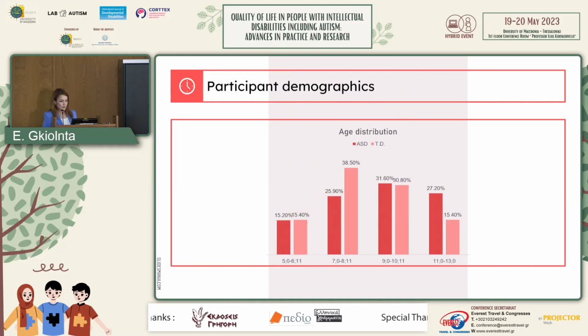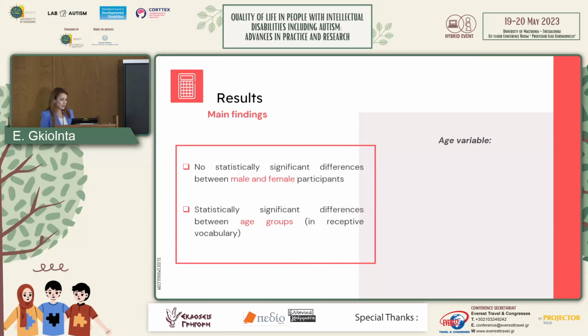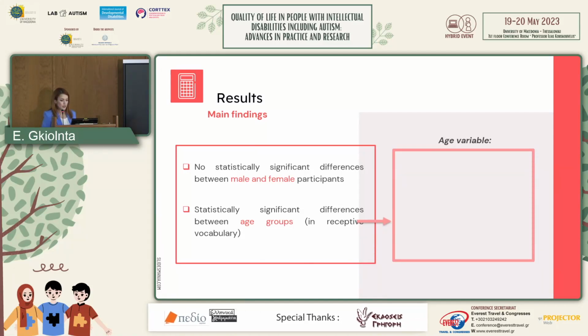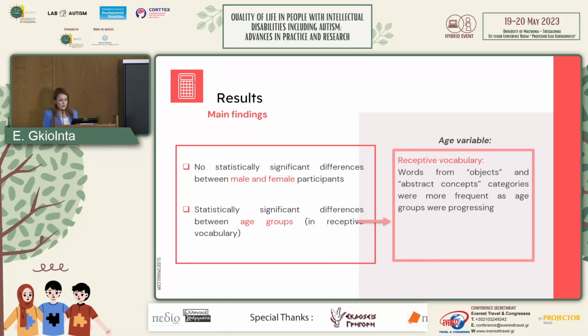The age distribution. And the main findings include that no statistically significant differences between male and female participants were noted, and there were statistically significant differences between age groups in receptive vocabulary. For the age variable in receptive vocabulary, words from the objects category and abstract concepts category were more frequent as age groups were progressing.